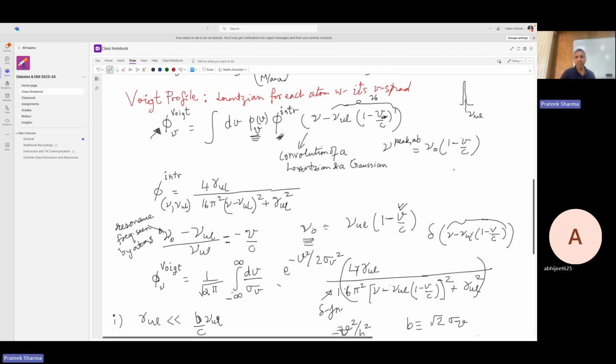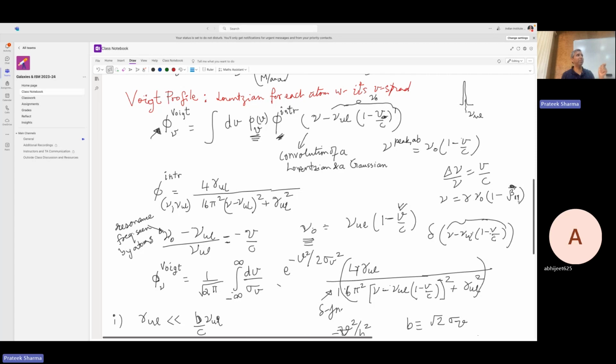Right. We are writing delta nu by nu equals V by C. This is what we are doing. This is the non-relativistic Doppler shift. Whereas the relativistic one is nu equals gamma nu naught times 1 minus beta parallel, something like this, right?